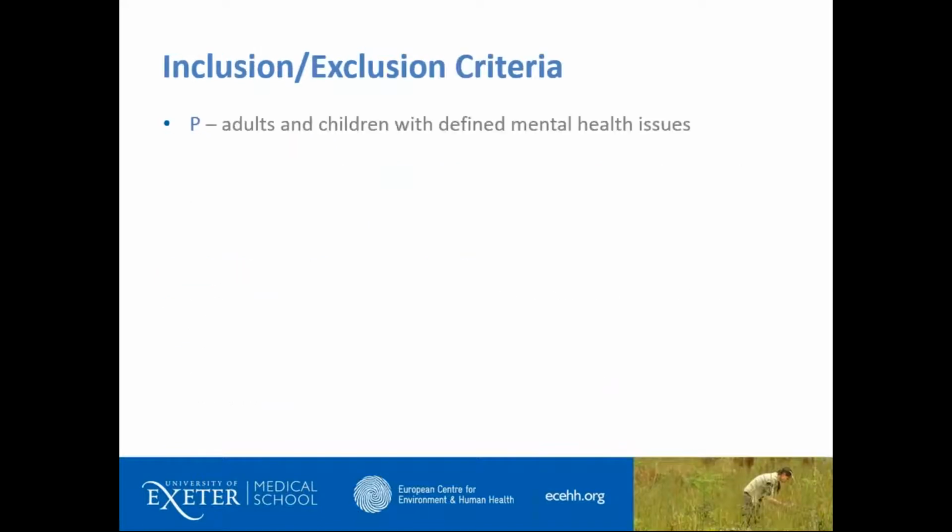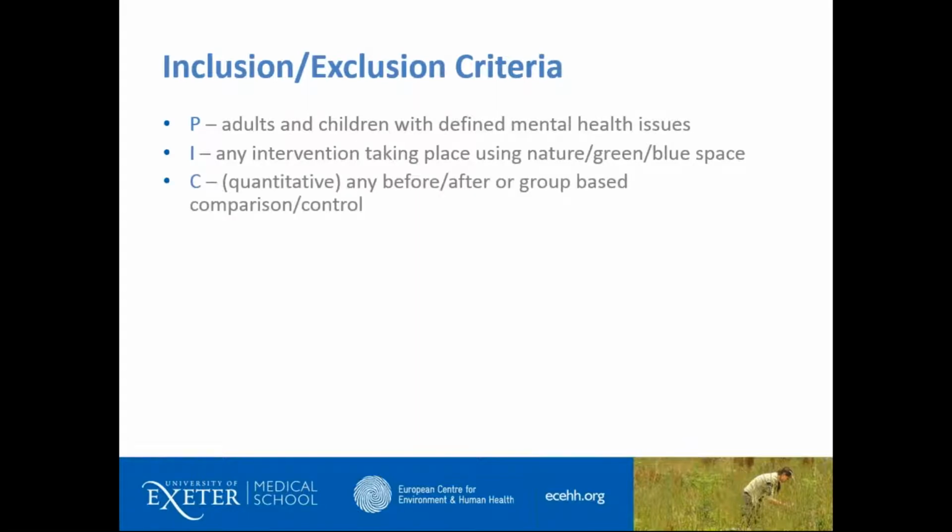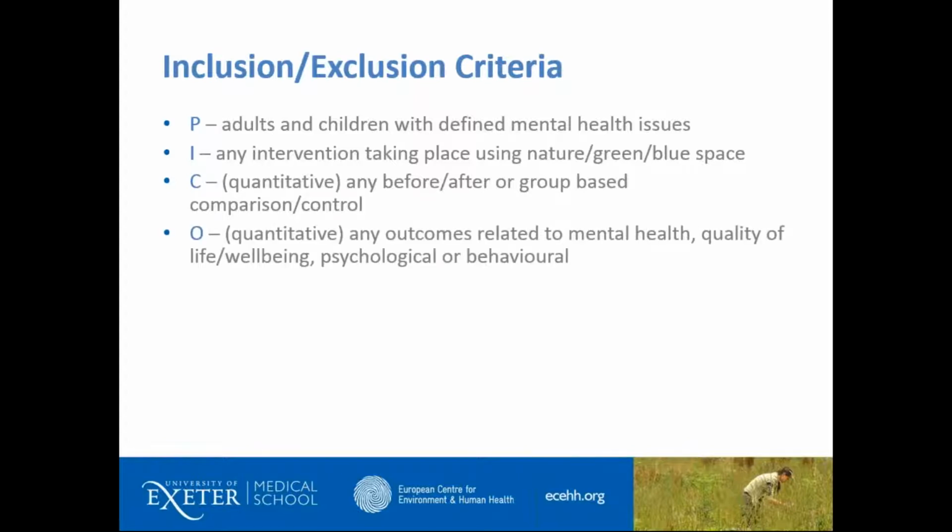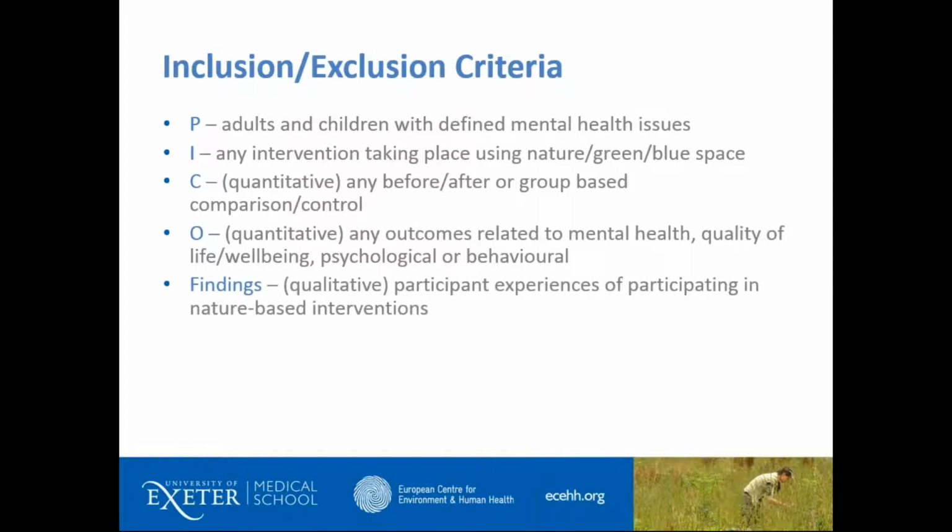As you saw, Biljana talked through the PICO, so I just thought it was worth sharing with you the inclusion and exclusion criteria. As you can see, the population was adults and children with mental health issues, the intervention was taking place using nature, and we had our comparators and our outcomes, which were to do with quality of life and well-being, all related to mental health.